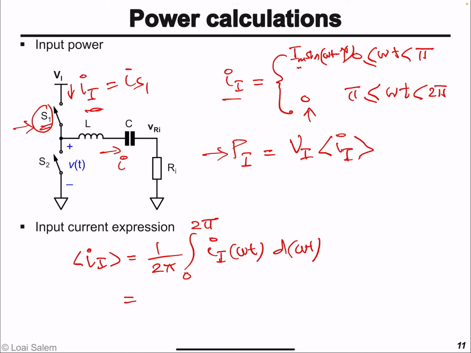So we know that the input current is 0 in the second half cycle, and so this integration boils down to 1 over 2 pi, 0 to pi, this expression Im sine omega t minus epsilon d omega t.